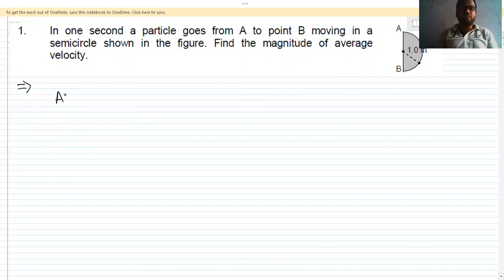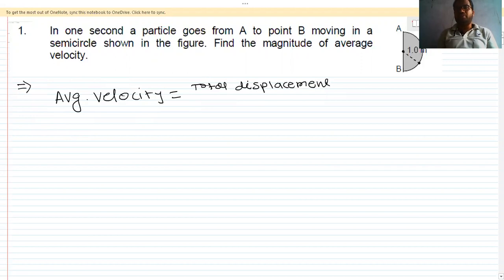Average velocity is nothing but the total displacement divided by the total interval of time, right?